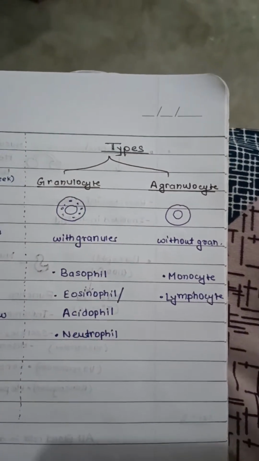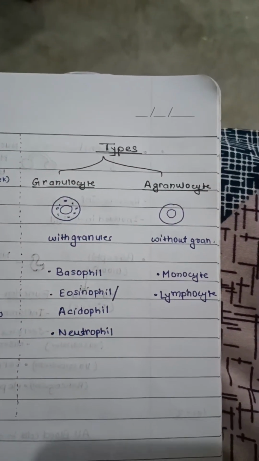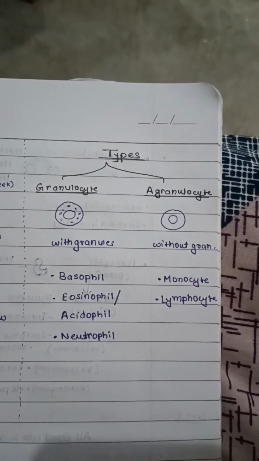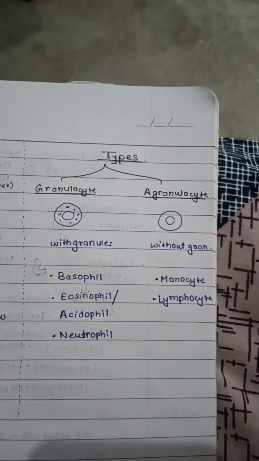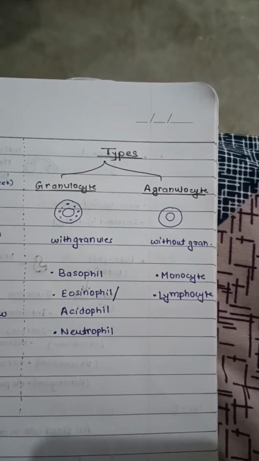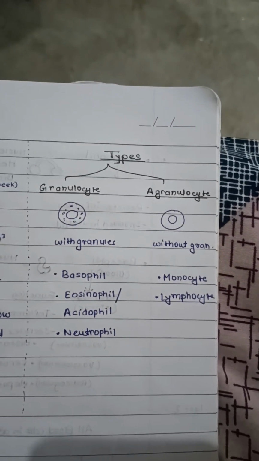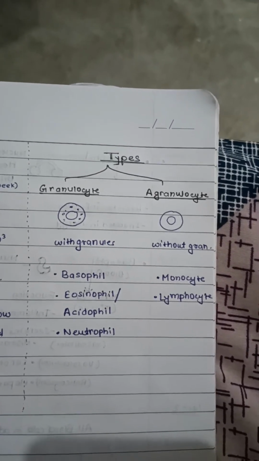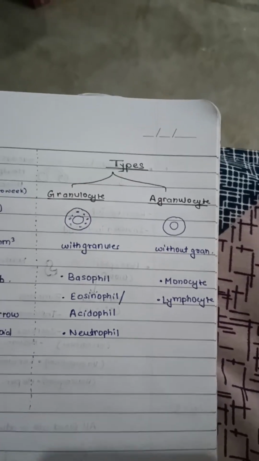The types are granulocytes, with granules, and agranulocytes, without granules. The granulocytes are basophil, eosinophil, and neutrophil. Agranulocytes are monocyte and lymphocyte.